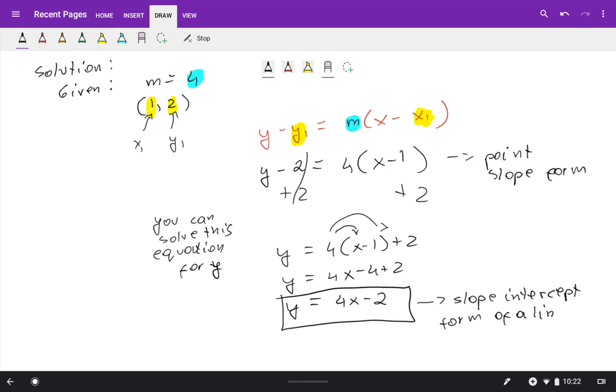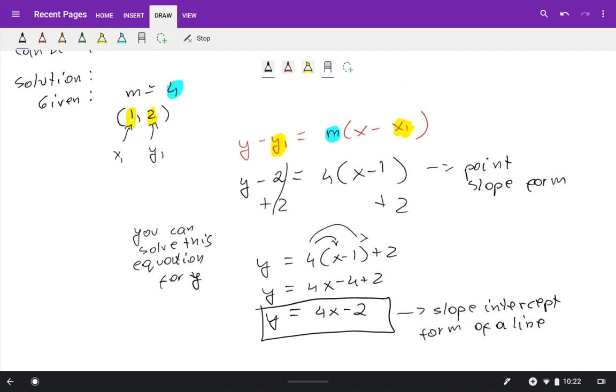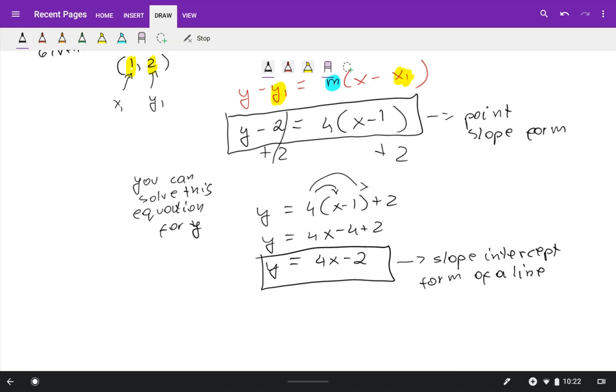I want to explain that the same straight line can be expressed using point slope form, which we found right here, and if you continue simplifying and solving for y, that will always bring you to slope intercept form.